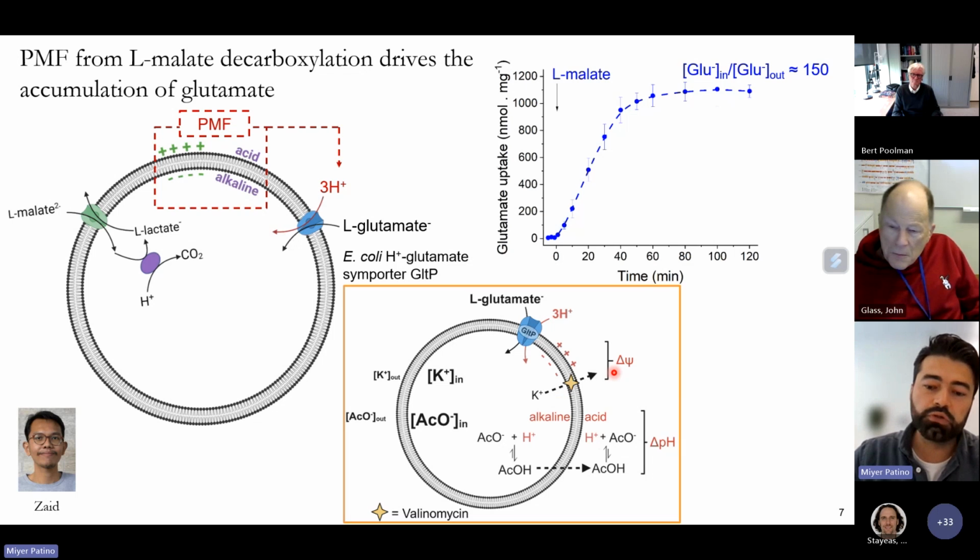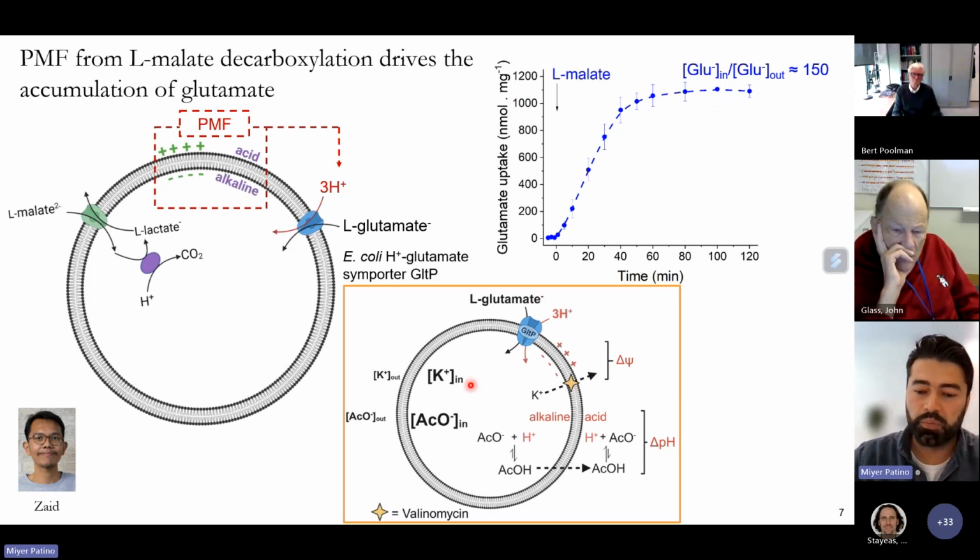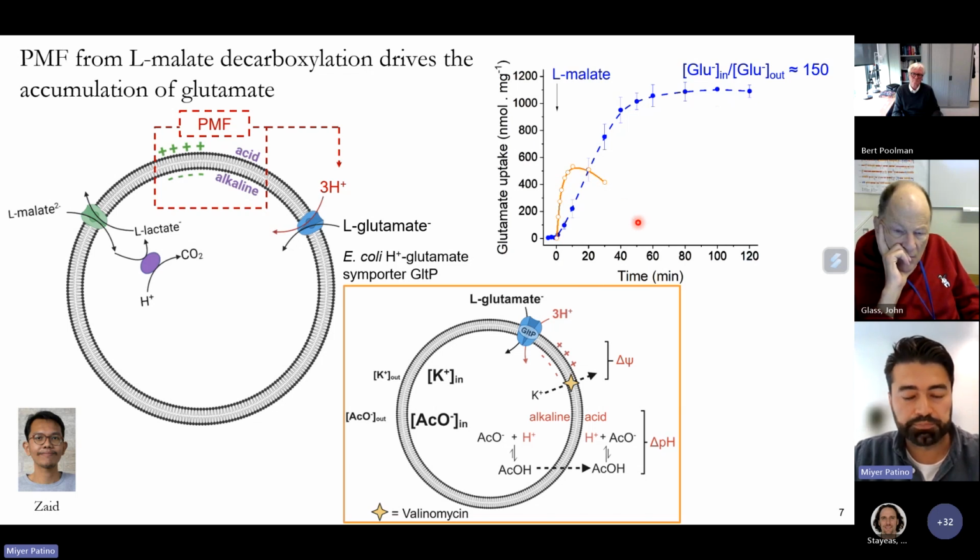So with these two diffusion potentials, we wanted to check if they were sufficient to drive the transport of glutamate, and to compare them with the malate decarboxylation system. And what we observed is that it is indeed possible to generate glutamate transport driven by these two potentials, but the accumulation is much lower and actually transient.